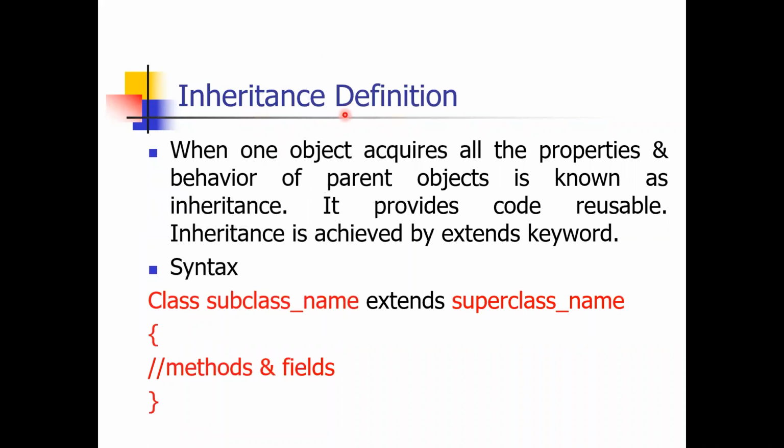Inheritance definition: when one object acquires all the properties and behavior of a parent object, it is known as inheritance.